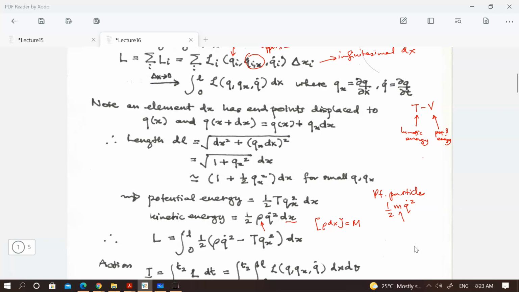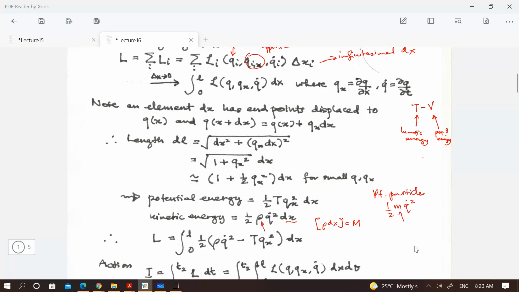Now for your potential energy, remember the fact that all these segments of your string are going to be related to each other, so that sort of produces some form of potential energy for each of the individual particles inside your string. And how do we do this is to consider the length.